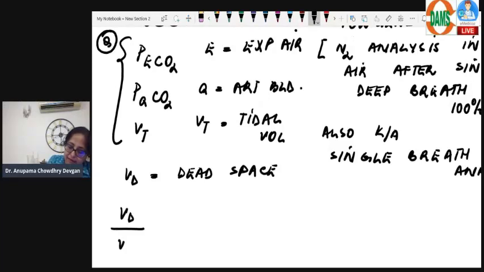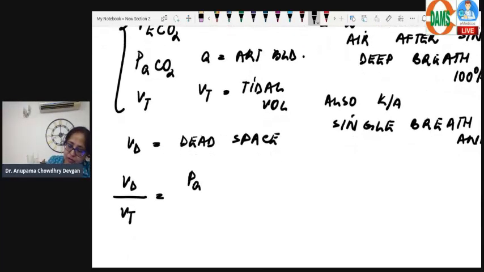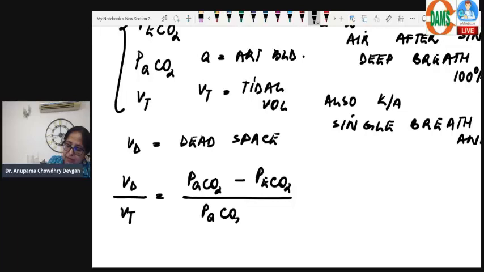VD by VT ratio is equal to the partial pressure of CO2 in the arterial blood minus the partial pressure of CO2 in the expired air, divided by the partial pressure of CO2 in the arterial blood.